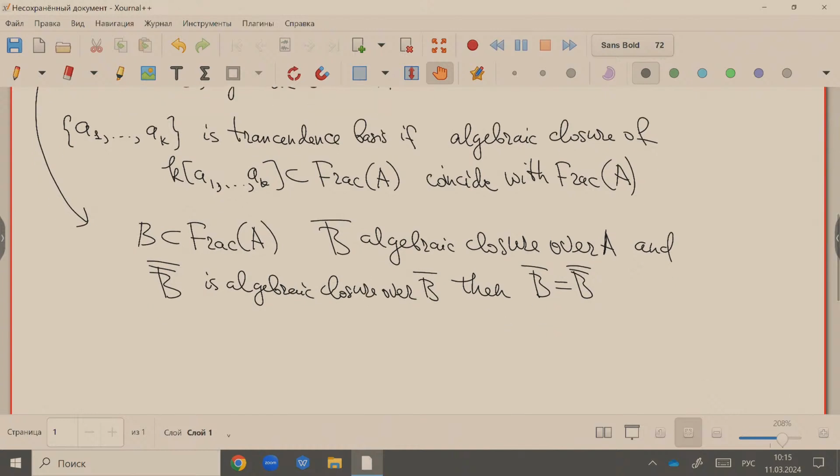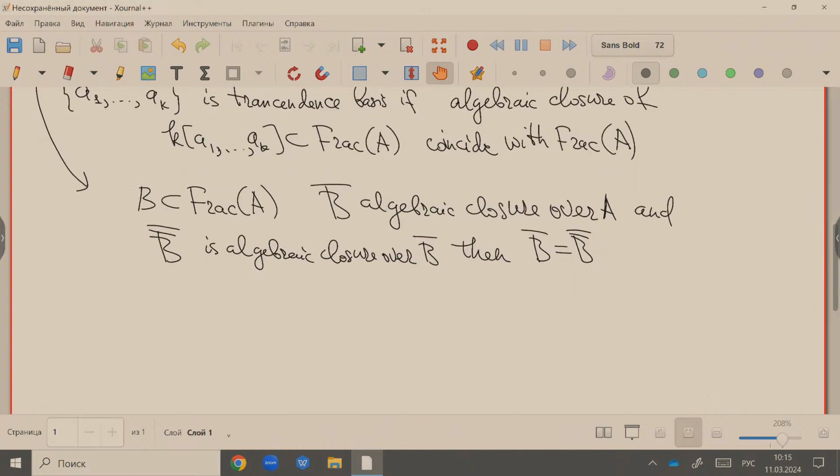Of course, it is just repeating what we were saying, but this corollary of what we have said is the following theorem.